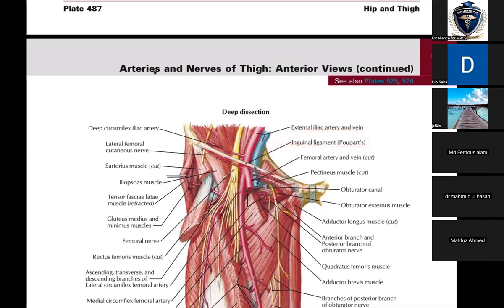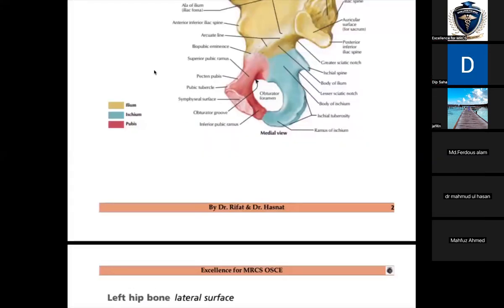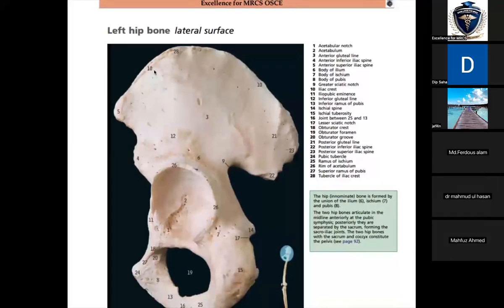So if you are asked which structure originates from number 5, tell me which structure originates from number 5. Inguinal ligament. Yes, this is the originating area of the inguinal ligament. Just below the inguinal ligament, another structure is arising.